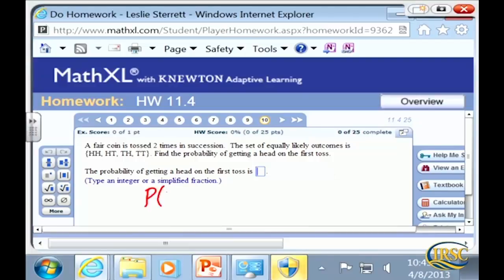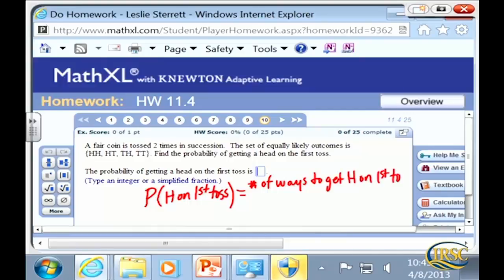Okay, probability of getting heads on first toss. Well, that means we're looking for the number of ways to get heads on the first toss over the number of possible outcomes.